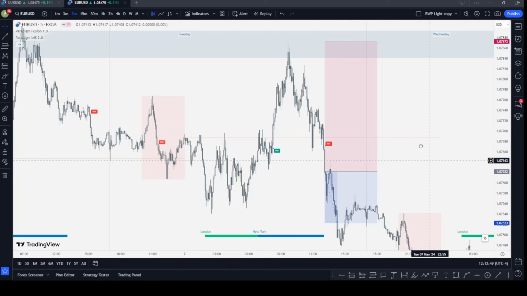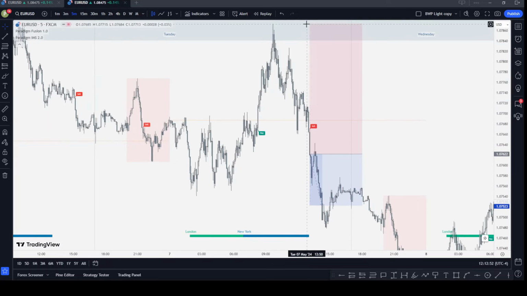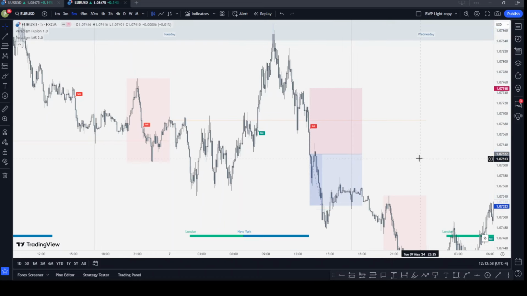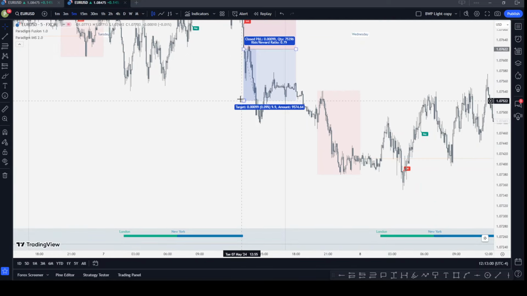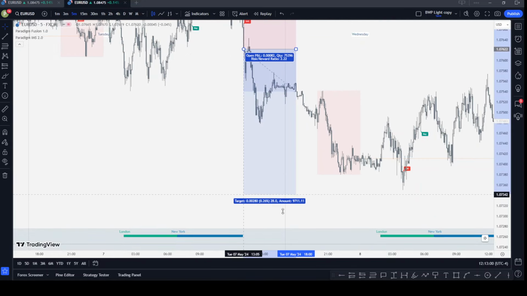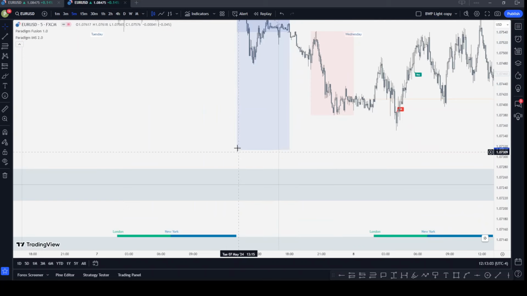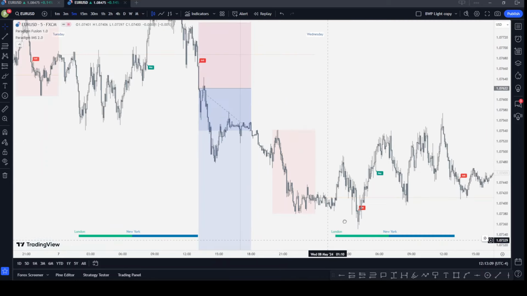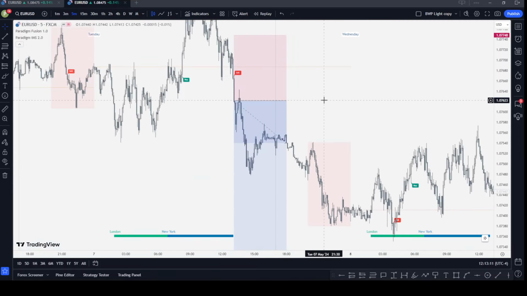But let me use intermediate time highs. And then you are going to target the high of the new week opening gap, where you are anticipating a return into.